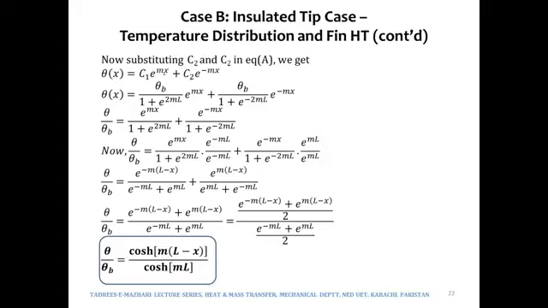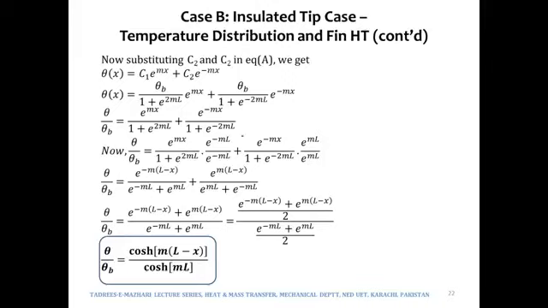So from these two terms we can take theta b common out, and then that theta b can be taken into the denominator of the left hand side. So the left hand side would become theta over theta b, or theta x over theta b, which is the same thing. And then we would have e to the power mx over 1 plus e to the power 2 ml, plus e to the power minus mx over 1 plus e to the power minus 2 ml.